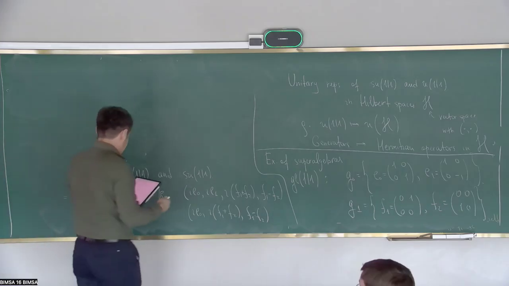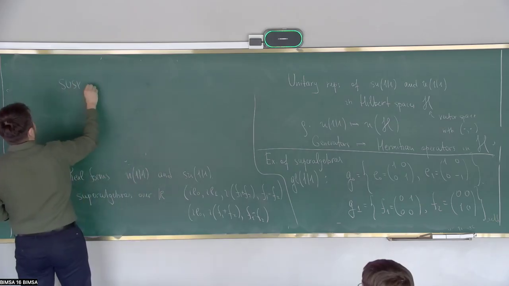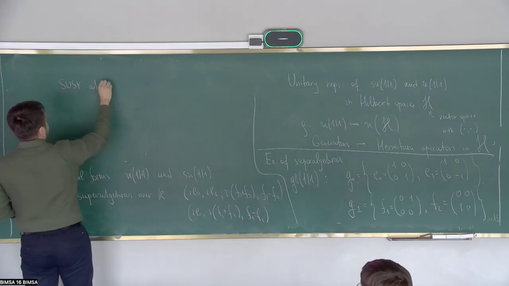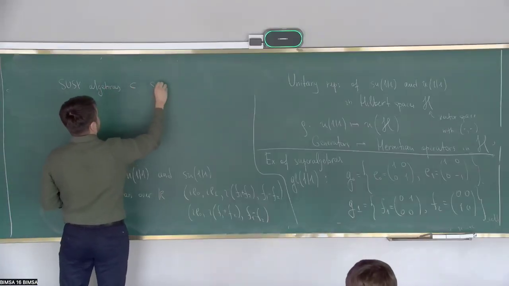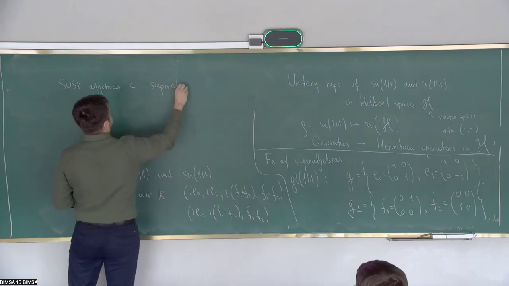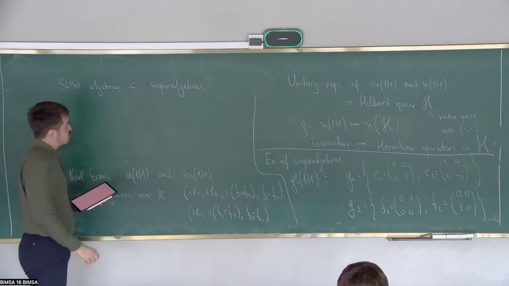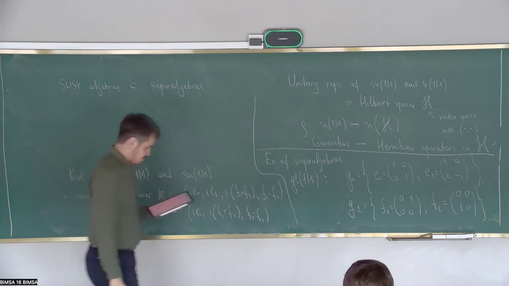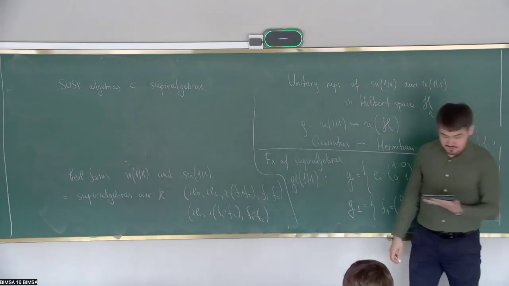First of all, supersymmetry algebras in various dimensions are a subset of superalgebras. The main superalgebras are classified by Kac. But supersymmetry algebras are specific examples of those.